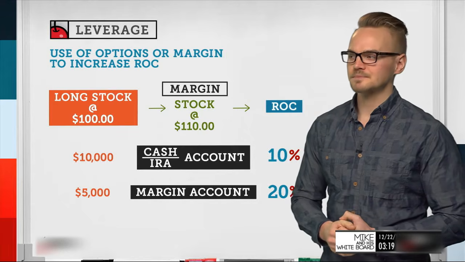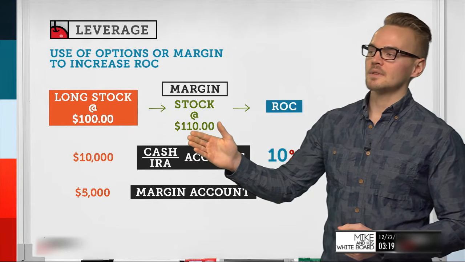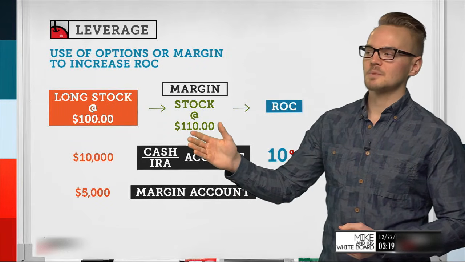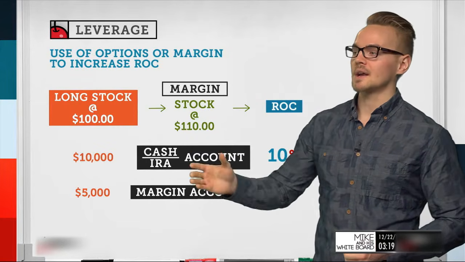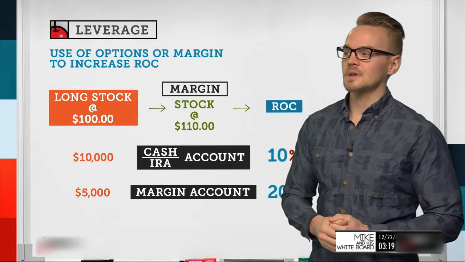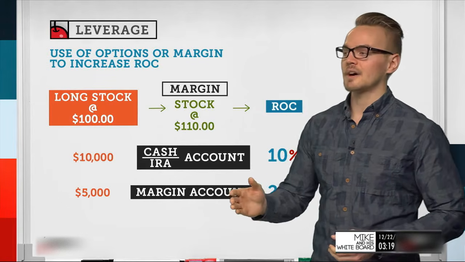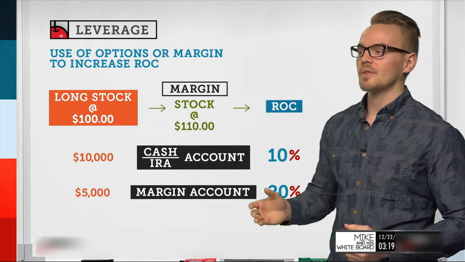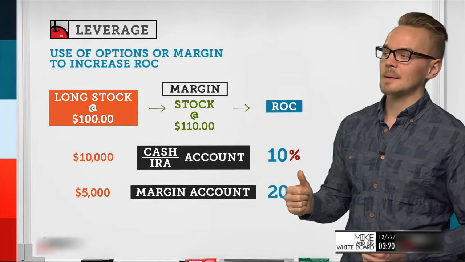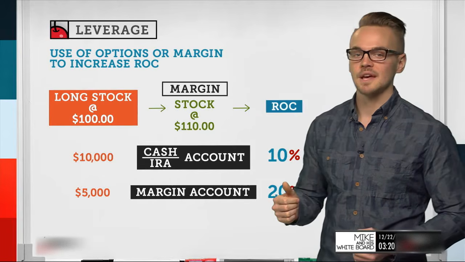Now, let's pretend the stock ends up moving to 110. That's going to show me a $1,000 profit. If I put down $10,000 and have $1,000 of profit, my return on capital is going to be 10%.